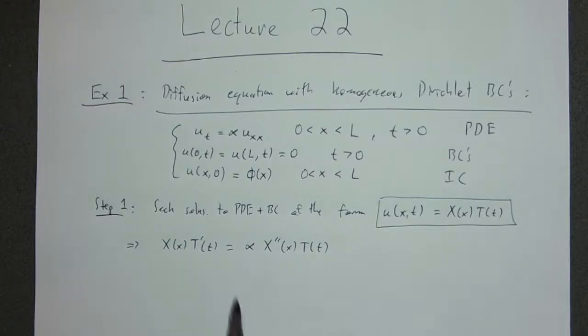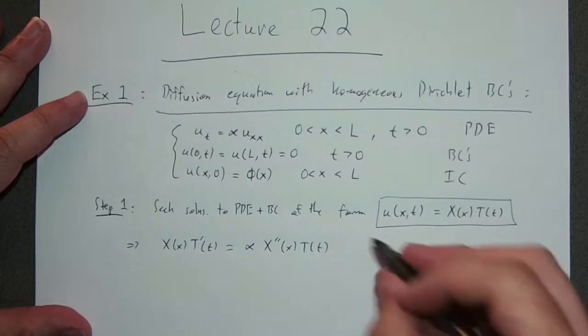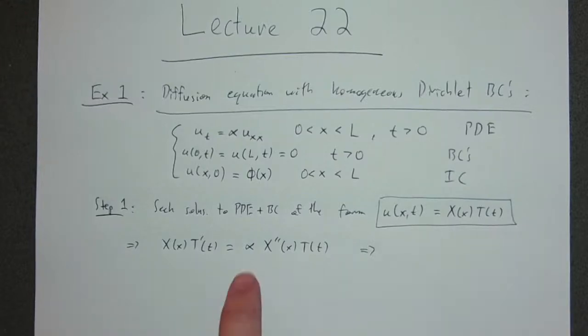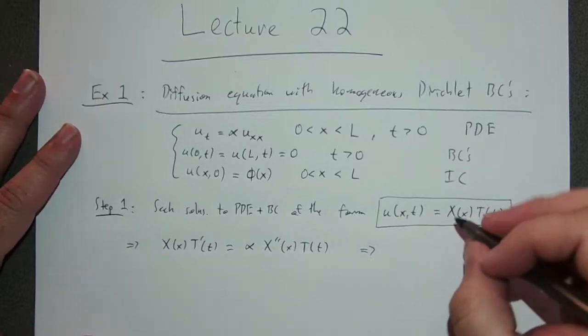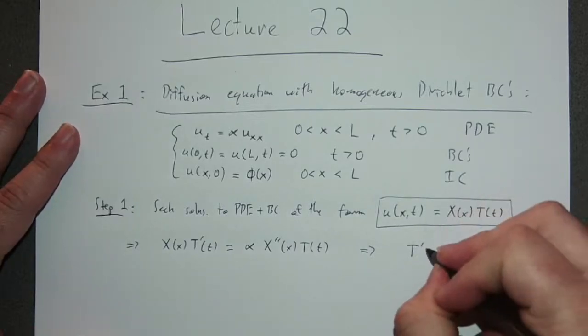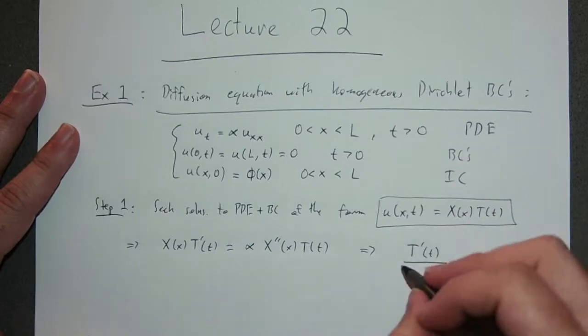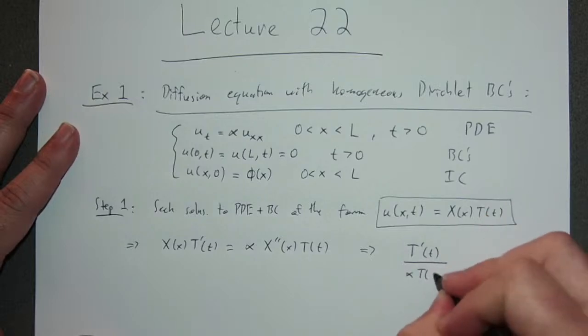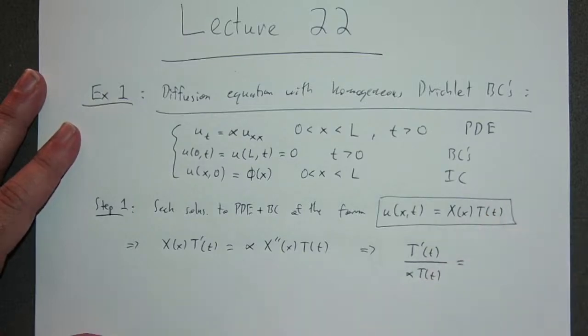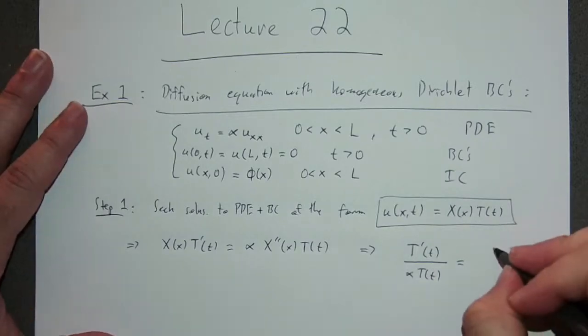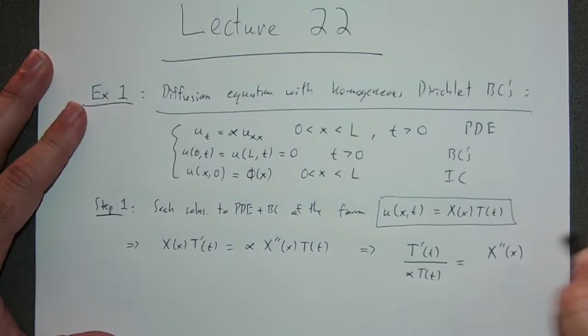Okay, and just like I did yesterday to give you some motivation for what we're doing, we want to put everything involving each of the variables on one side. I'm going to move the alpha with the t's. So this is going to be T'(t) divided by alpha T, so I'm going to divide through by alpha T, and that is equal to X''(x) over X(x).